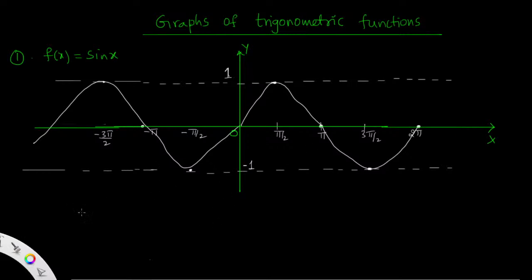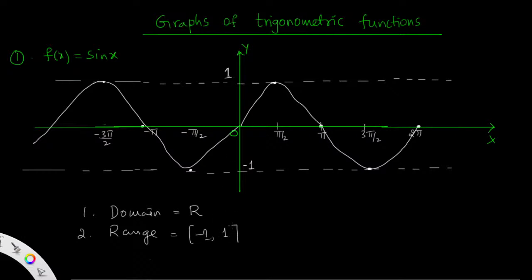So we observe that, first, the domain of the function is every point on the x-axis, meaning the domain of f is all real values. The next point is the range. The minimum value reaches up to minus 1 and the maximum value reaches up to only positive 1.